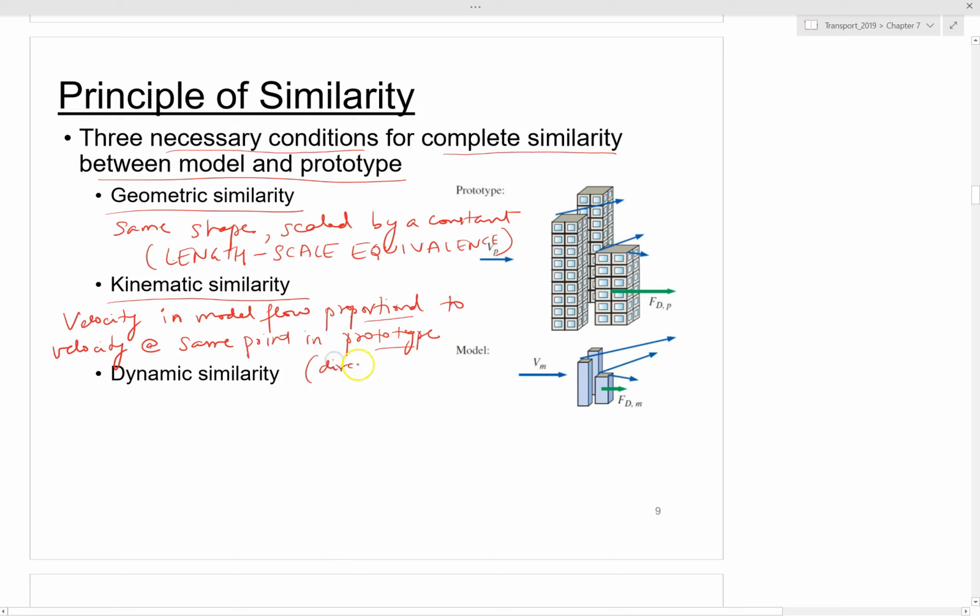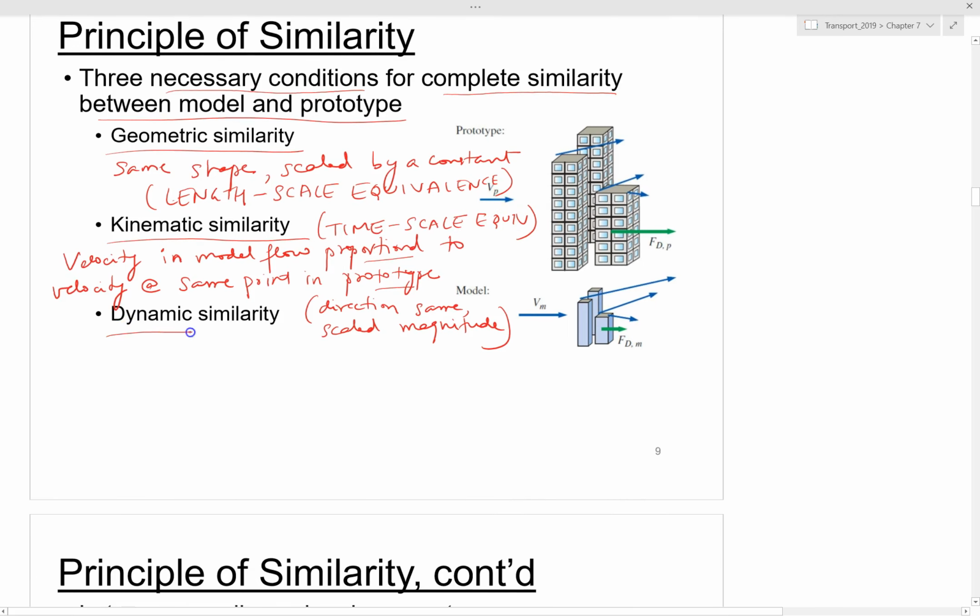The thing to note here is that the direction should be the same. The only thing which needs to be scaled is the magnitude. This is also sometimes known as temporal scaling equivalence or time scale equivalence.